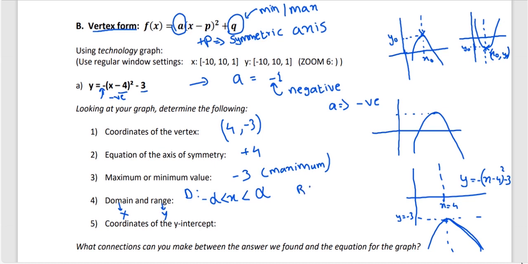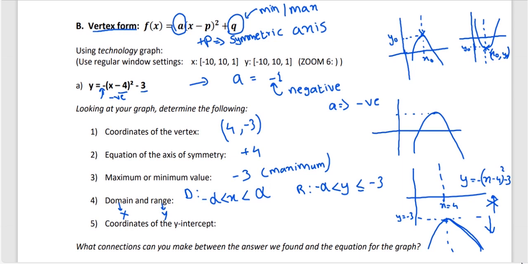But the range has some restrictions, because this graph cannot go beyond y equal to minus 3, since it is a maximum graph. So y can extend below this line, but y cannot go above it. So y lies between negative infinity and negative 3, and it will not move beyond negative 3.